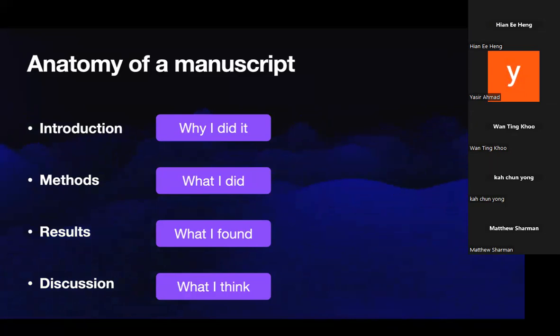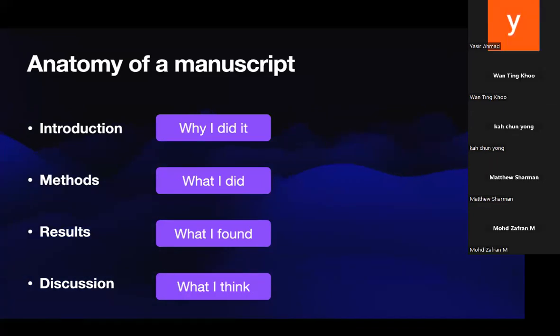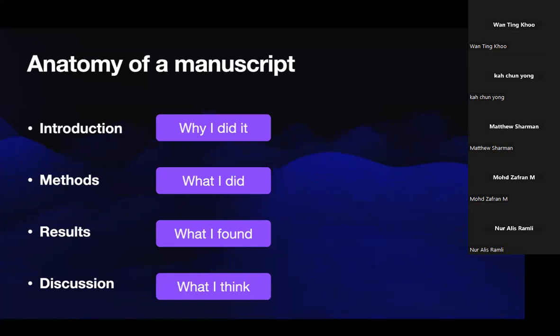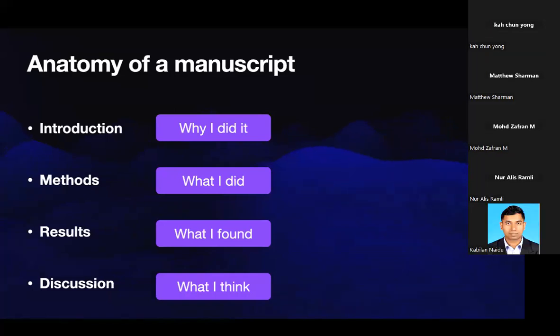The results is what you found after you did the study, which means it's about the data that you collected: demographic data, the measurements, the outcomes, complication rates, whatever. So often people mix up results and methods. They'll put a bit of results in the methods and a bit of methods in the results.